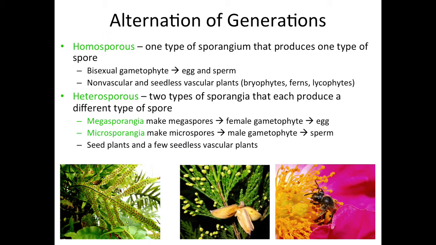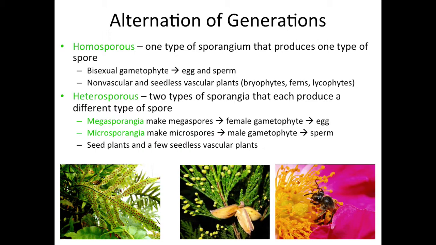The megasporangia produce megaspores, which result in a female gametophyte. Okay, the female gametophyte is responsible for producing eggs. The microsporangia make microspores, and microspores are going to germinate and become the male gametophyte. And the male gametophyte only produces the sperm.